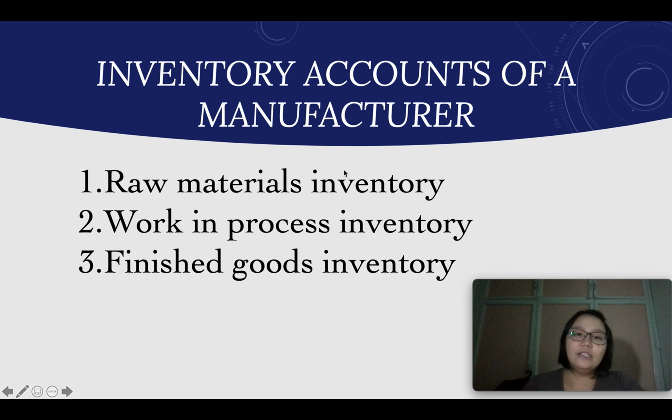Now, once these goods are put into process or are requisitioned into production, we transfer the cost of these raw materials to the work in process inventory. Here in the work in process inventory, the cost of the raw materials used is transferred, and then we also add the cost of labor and overhead that we incur.